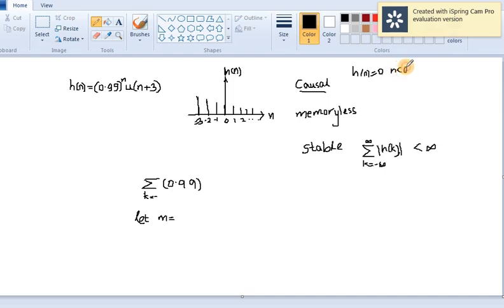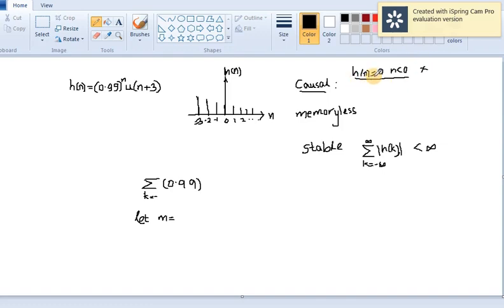Now this is our condition: h of n is equal to 0 for n less than 0. If n is less than 0, that means this side, like minus 1, minus 2, minus 3, and so on. It's clear that on the left side the signal is existing. So the system is certainly non-causal because it doesn't satisfy this condition.